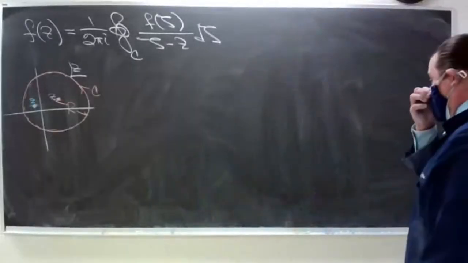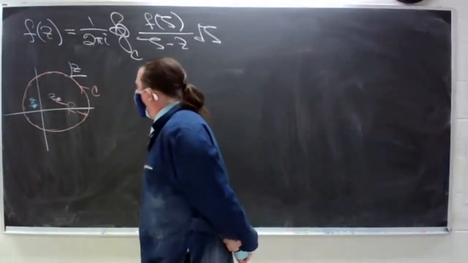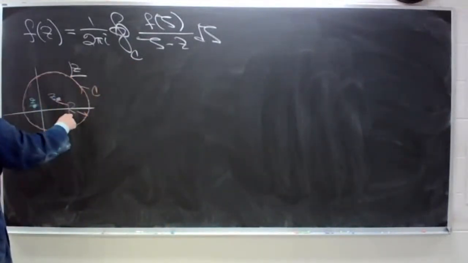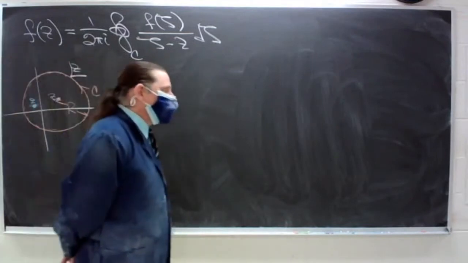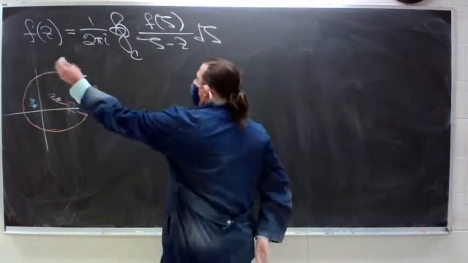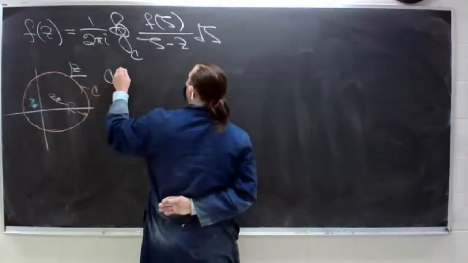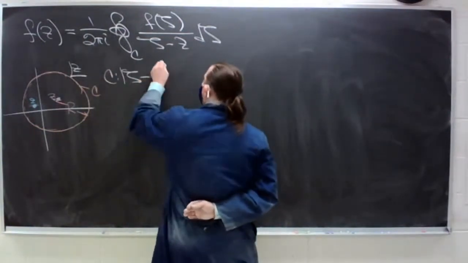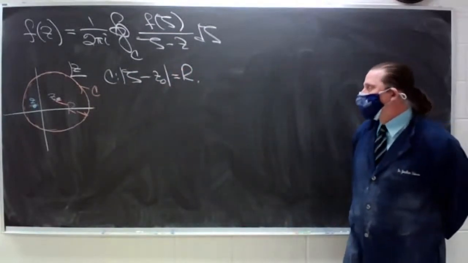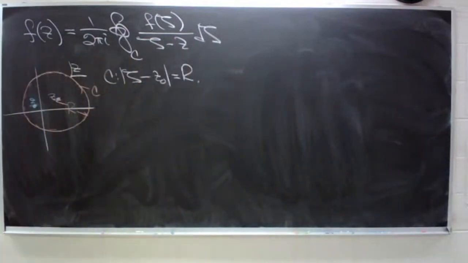Let's consider a function f, which is analytic at z0 and in a disk of radius r centered at z0, so that it's analytic on and throughout the interior of this curve C, of radius capital R. The point lowercase z lies inside this disk.